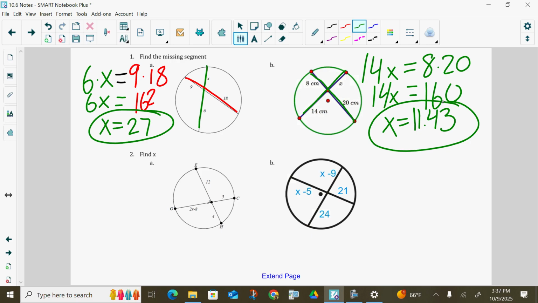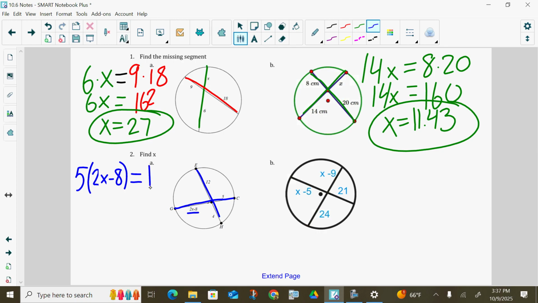Let's up it just a little bit more, and we're going to throw in binomials in the mix. So 2x minus 8, that's a binomial. So let's try doing the same thing, but with some harder numbers in there. Our first chord is split up into 5 and 2x minus 8. So I'll take 5 times 2x minus 8. Our other chord is 12 and 4.